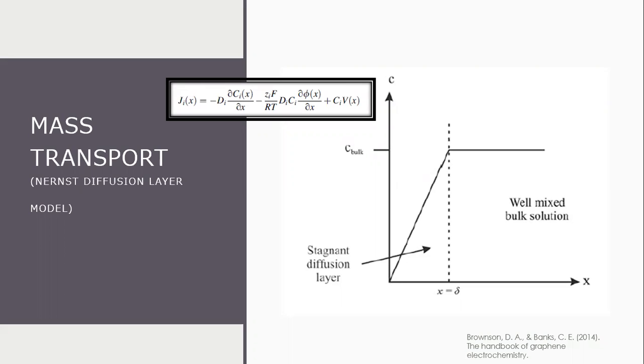So the mass transport process basically occurs through three different ways. The first one is diffusion, which occurs normally at your compact layer, and then there are convection and migration, which normally happen in the bulk solution.